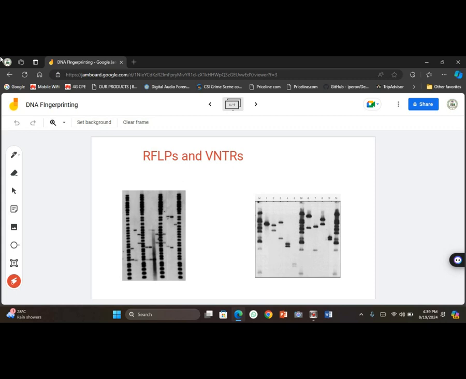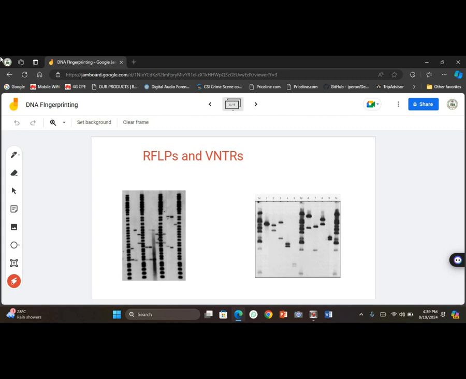The band pattern that the DNA creates in the agarose gel is then transferred to a nylon sheet. To complete this transfer, a nylon sheet is placed on the gel and left to soak overnight in a high salt solution.